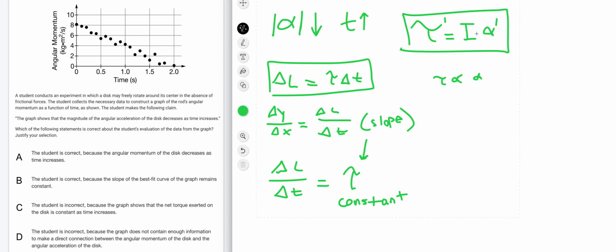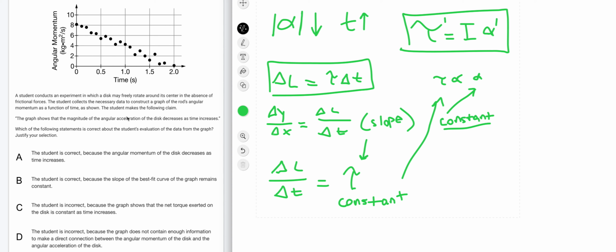So if torque is directly proportional to alpha, where alpha is our angular acceleration, and we know that torque is constant, that also means that alpha needs to be constant since they're directly proportional. These both are going to be constant. But wait, the student is saying that the angular acceleration is going to decrease. That's not what we said. We said the angular acceleration is constant. It's not decreasing, it's constant.